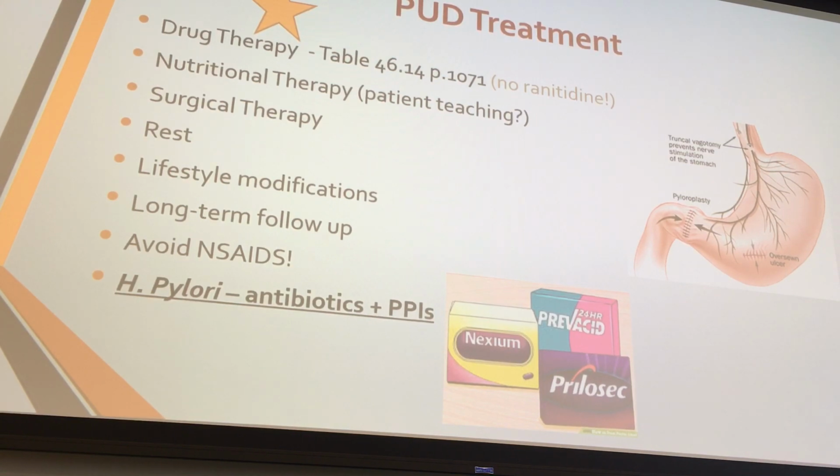Acidic foods, we want to avoid cigarettes, avoid smoking, reduce or even eliminate alcohol use. A lot of patients will try all these over-the-counter medications in combination with NSAIDs, and that really makes a mess. So the best thing that you can do is tell your patients that they have to have antibiotics and the PPIs. They just can't keep taking Prilosec or Prevacid and hoping that things are going to go well, because it's an infection.